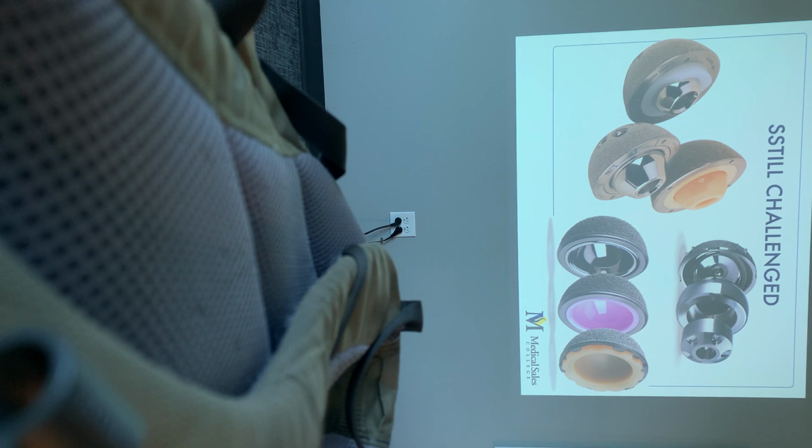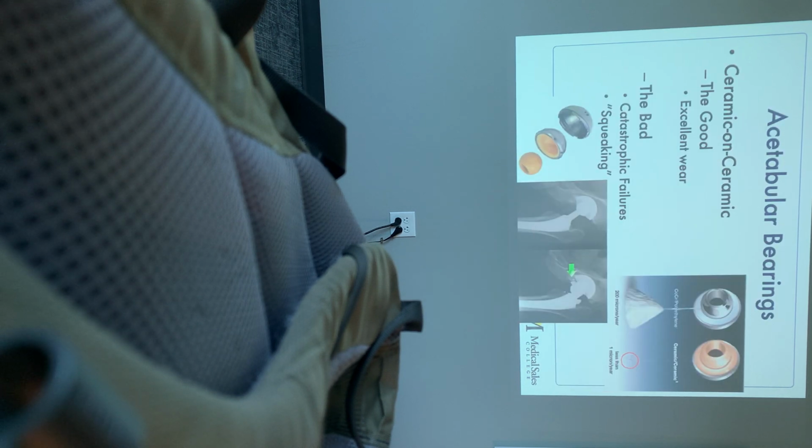So it was challenged, and the winner is, even though ceramics had such great potential. Both hard surfaces didn't work, but the ceramic head on polyethylene is working quite well.